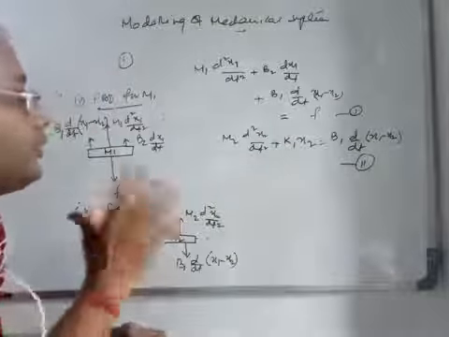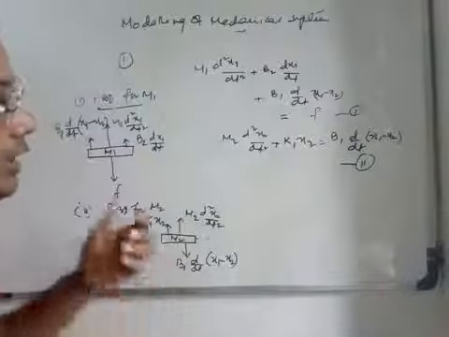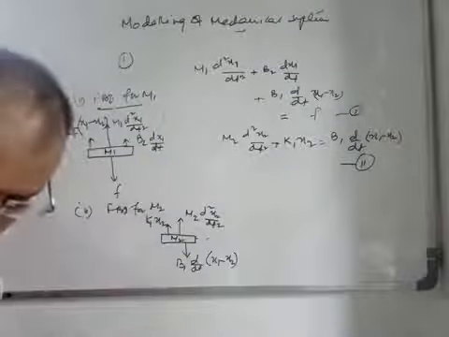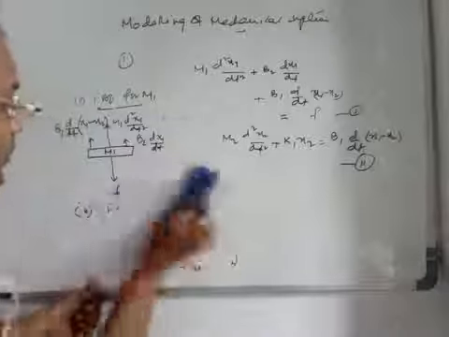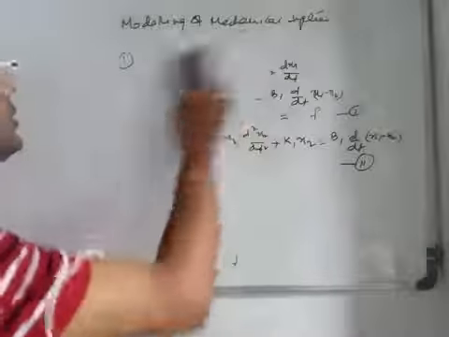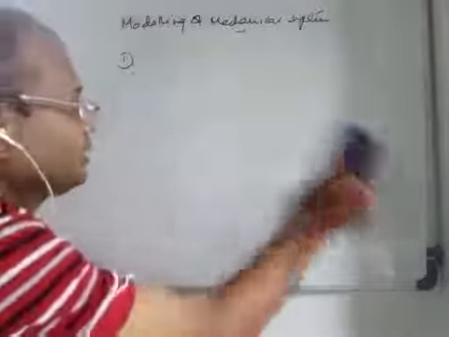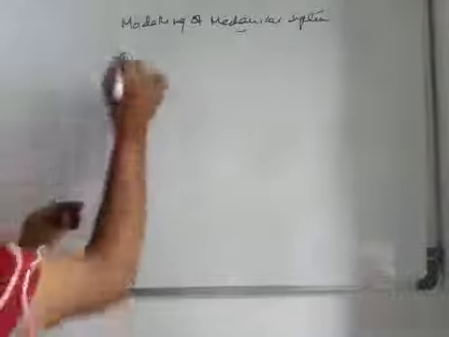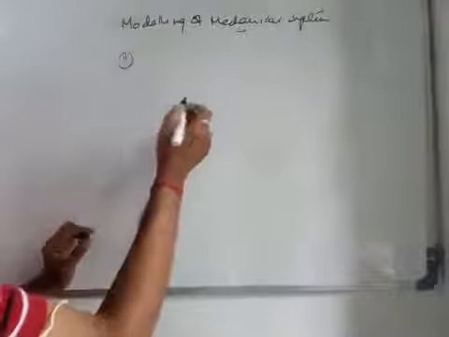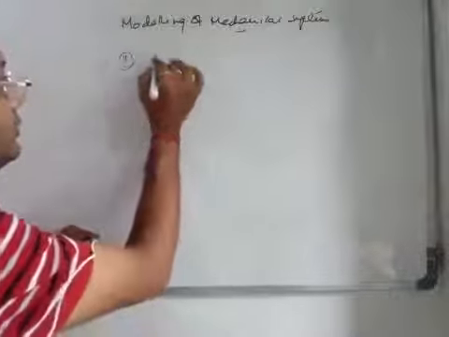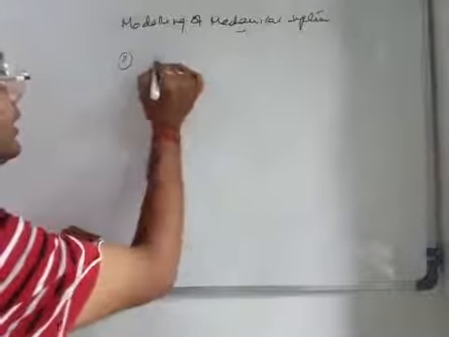Next I am going to discuss another system which also comprises mass, spring and damper in different combinations, right? So this is our system number 2, and you see the structure of the line.